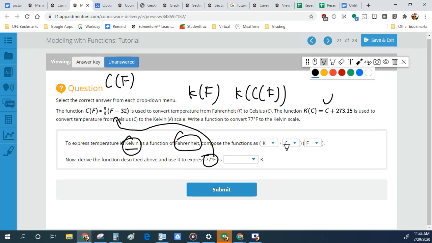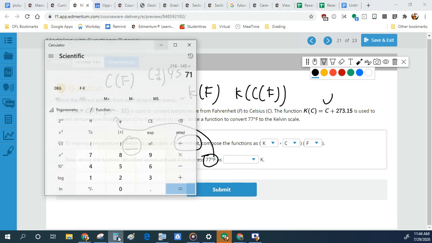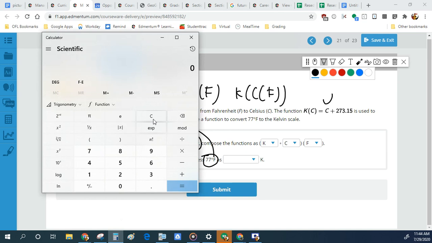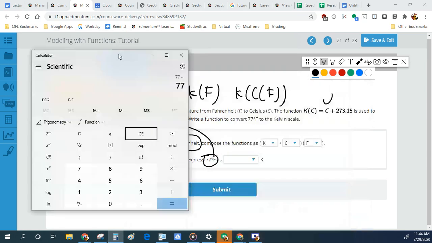I got 45 off the top of my head. 35 or 45? Calculator, no, it's 45. 77 minus 32?